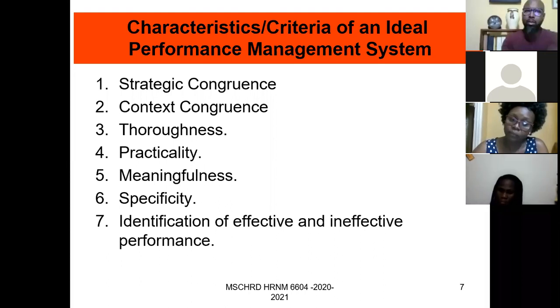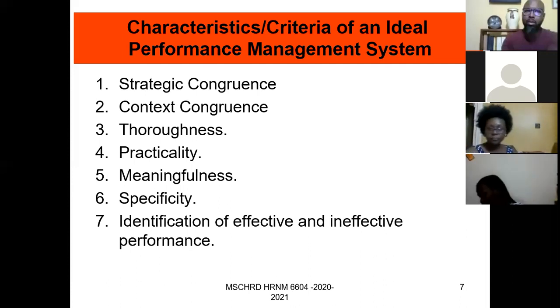The first thing we have to ensure is that in putting the system together, in coming up with that final instrument, the performance appraisal instrument, there is a match between what an individual is doing in the organization and what we have set up to measure during the appraisal. So the system should be able to allow you to state the goals and objectives and the outcomes, okay?